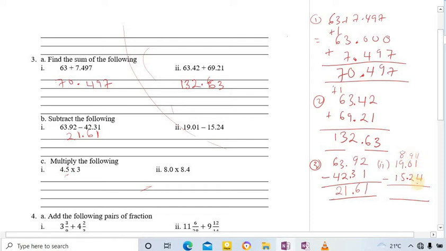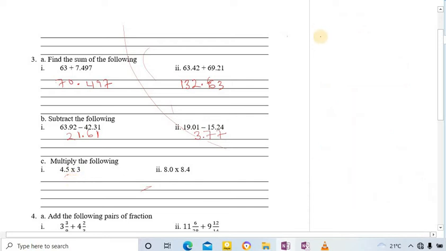So 11 minus 4 is 7. 9 minus 2 is also 7. Remember, this is 8, not 9. 8 minus 5 is 3, and then 1 minus 1 is 0. So the answer is 3.77. Okay, next question.